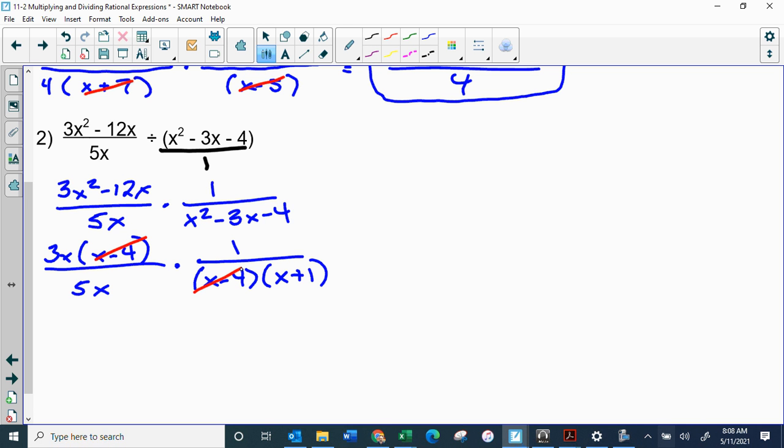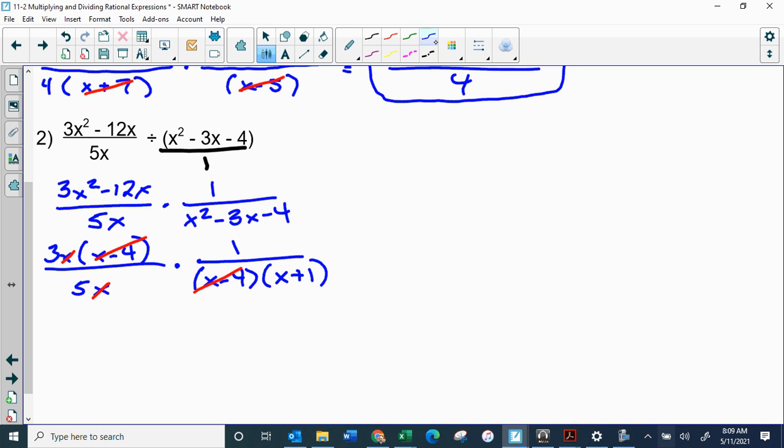Is there anything else I can do here? Let's see, I feel like there's something I'm missing. All right, so yeah, I can cancel out these x's. x over x is 1, so those are going to cancel out.